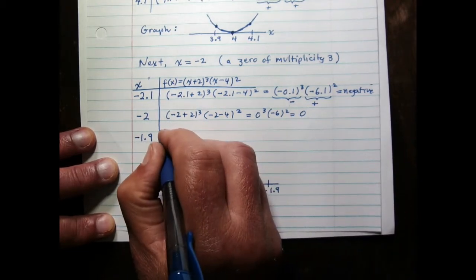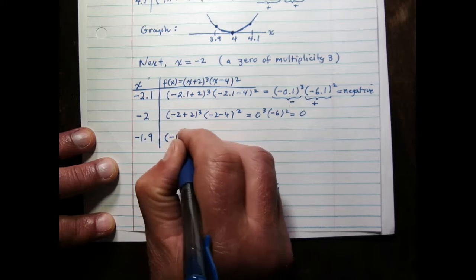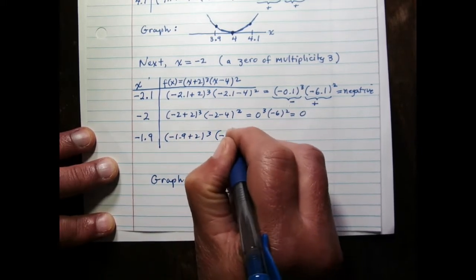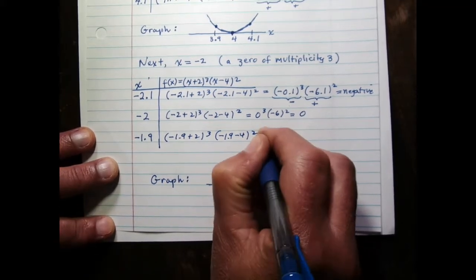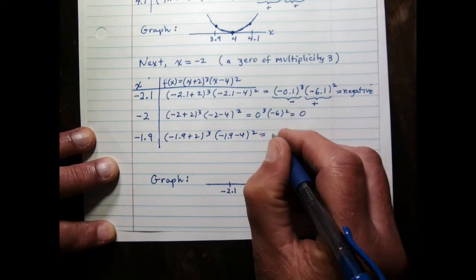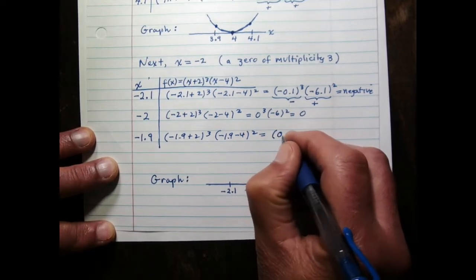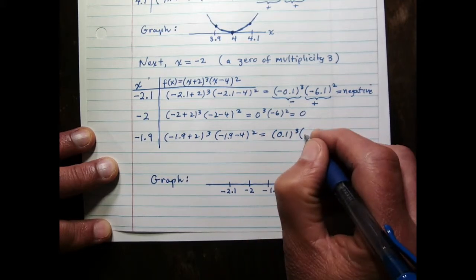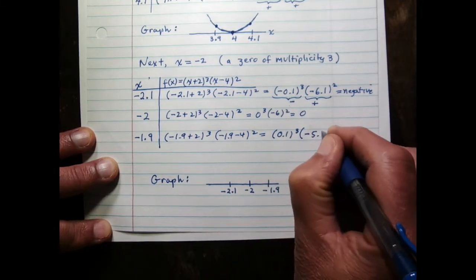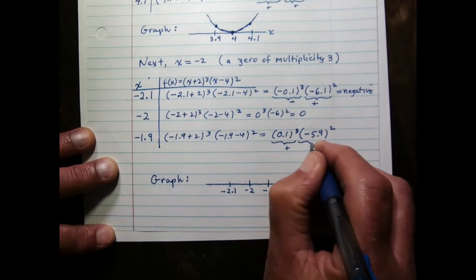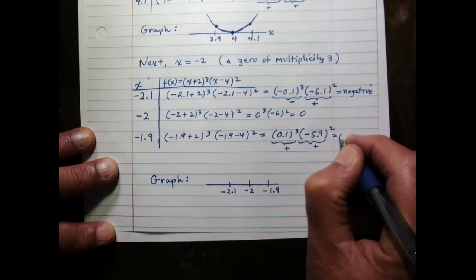And now I'll plug in negative 1.9 into the function. Negative 1.9 plus 2 is a positive 0.1 cubed. And then I get negative 5.9 squared. So here I get a positive times a positive, which is positive.